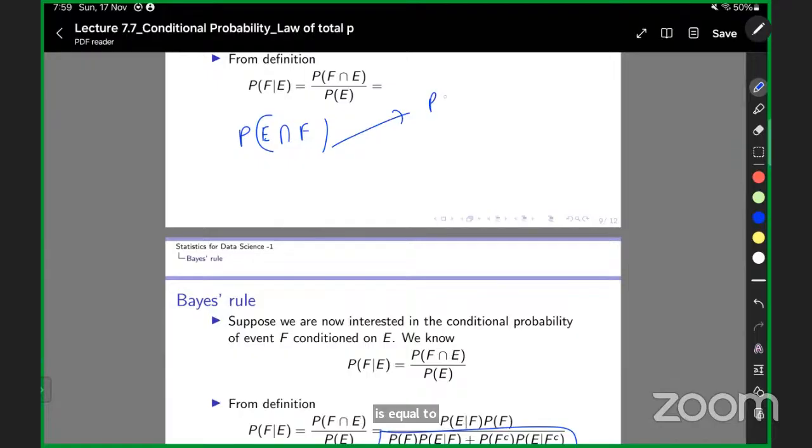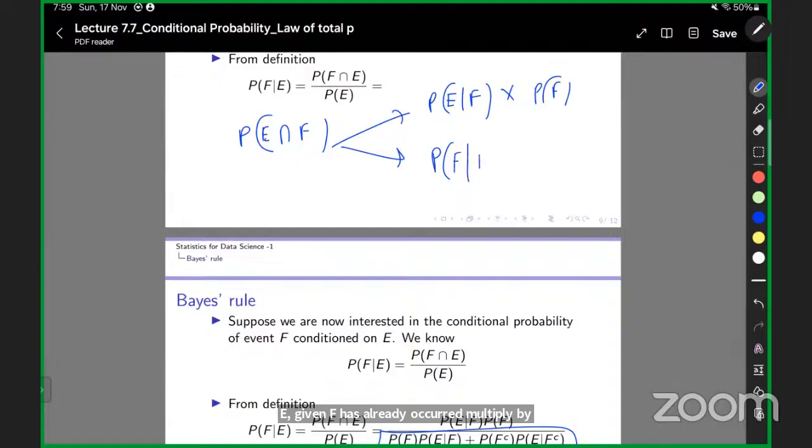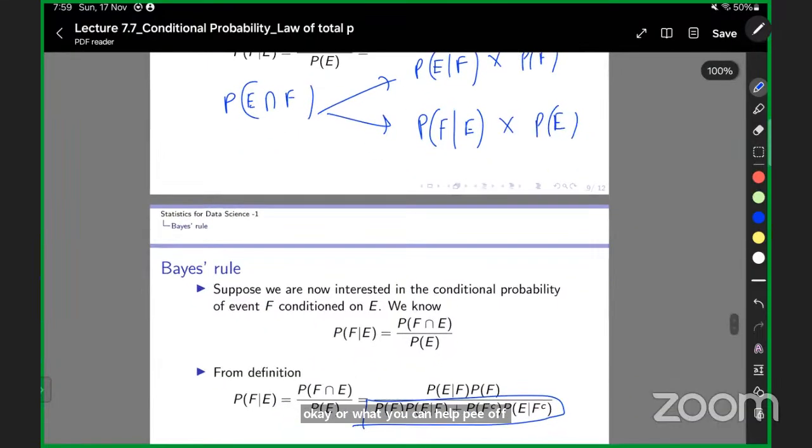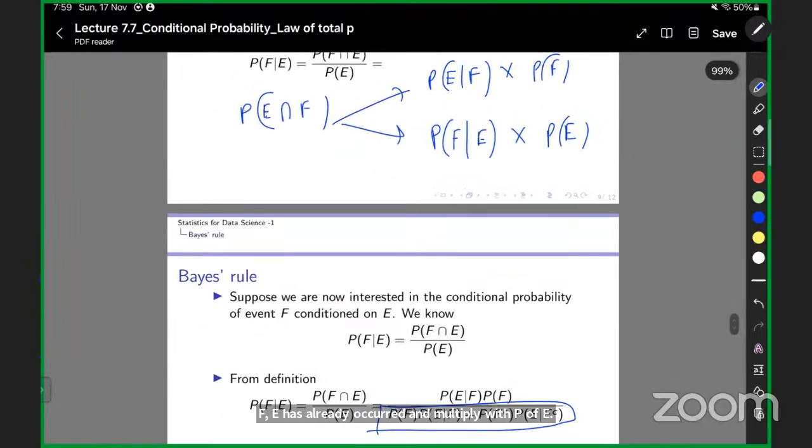Let's say P of E given F has already occurred, multiplied by P of F, or P of F given E has already occurred, multiplied with P of E, right?